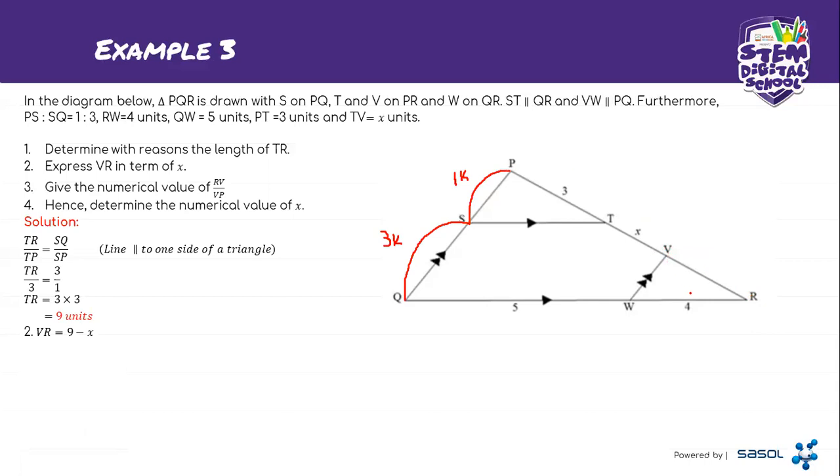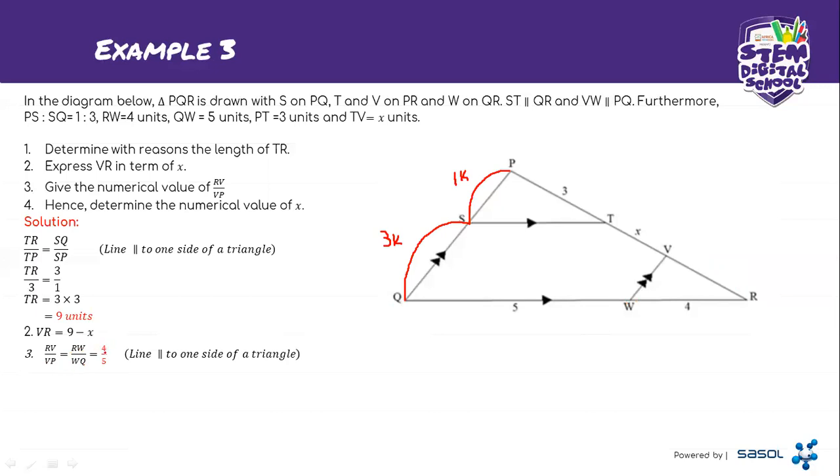Now we can see that we have another triangle, where VW is parallel to PQ, meaning this side here of PR is equal to this side of RQ in terms of ratio. Then we are going to equate that so that we can solve it. Yes, of course, we said RV divided by VP equals RW, which is 4, divided by WQ, which is 5.